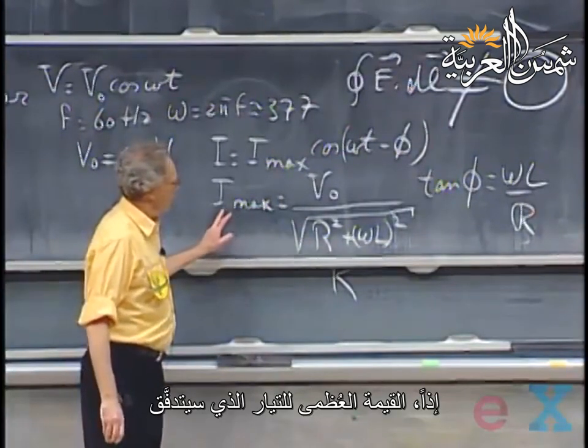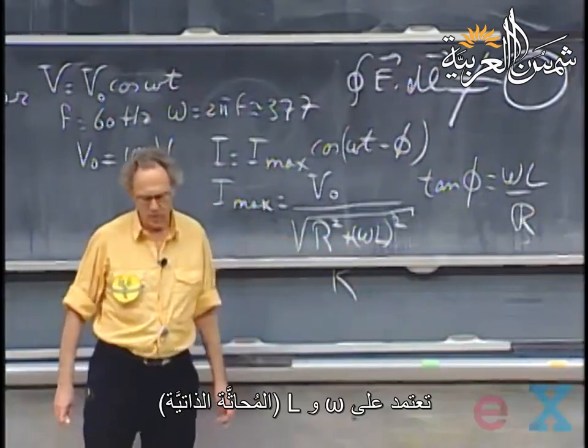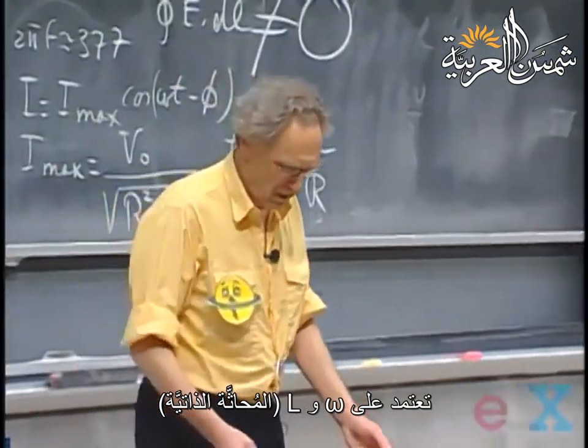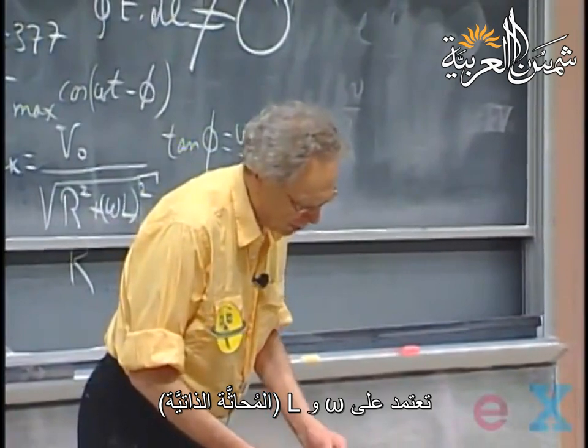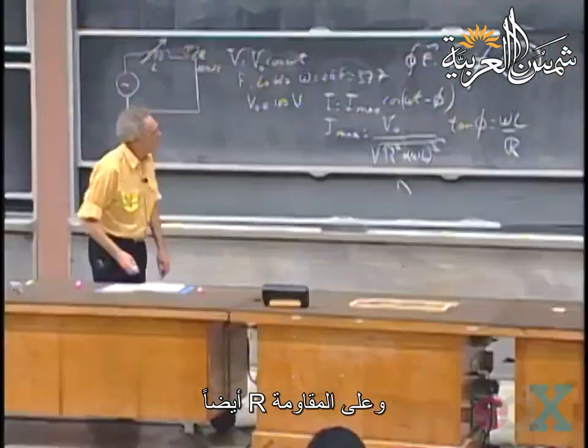And so the maximum current that will flow depends on omega and depends on L, on the self-inductance, and of course on the resistor as well.